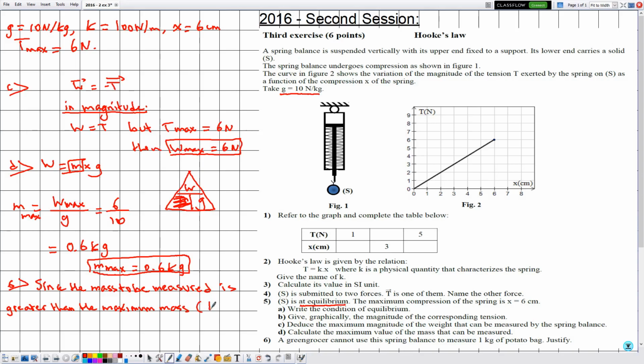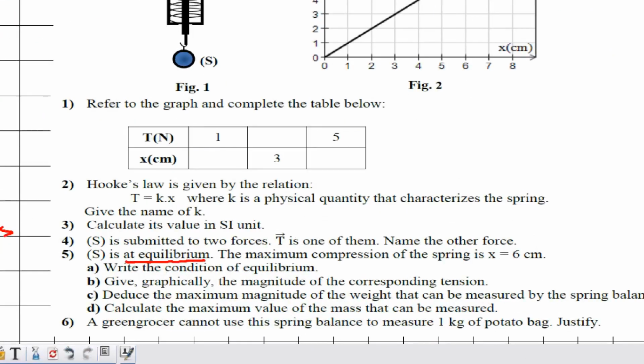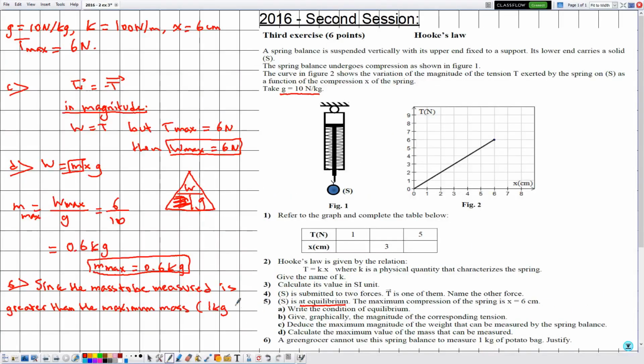This is because 1 kilogram here represents the mass to be measured, which is greater than the maximum mass, which is given by 0.6 kilograms. Then the spring may break out.